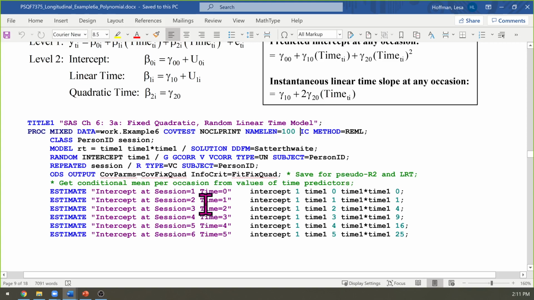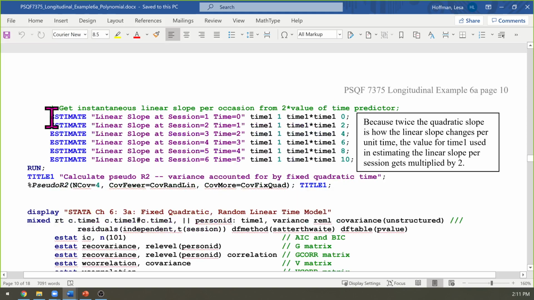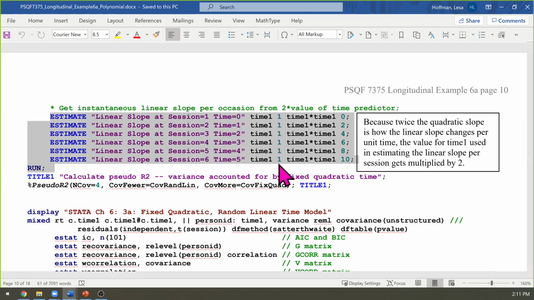So the second set of estimate statements then, where I just have time and time squared, the values that are multiplying time and time squared, the 1 is because each linear slope at a minimum starts off with what the linear fixed slope is going to be at time 0. Then the numbers that show up after it is the value of the occasion for which you want the prediction.